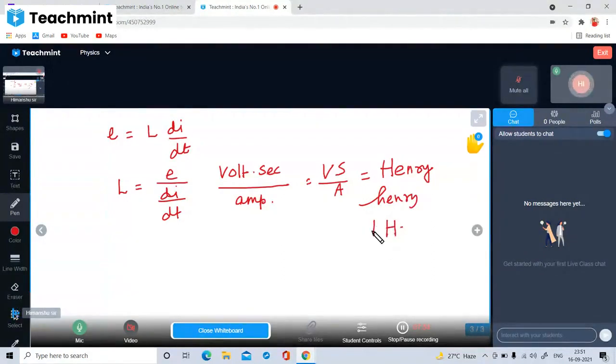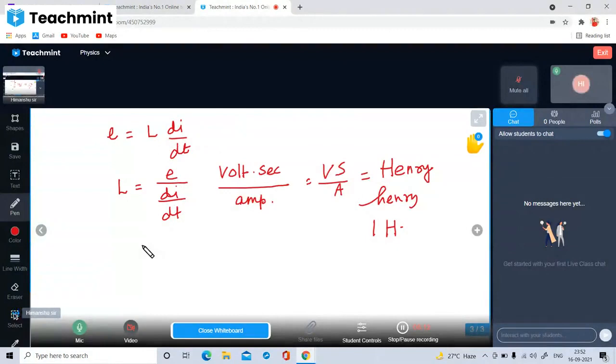So 1 Henry is the self-inductance of that circuit or of that coil which induces an EMF of 1 volt when a change of 1 ampere per second current occurs inside the circuit, right?